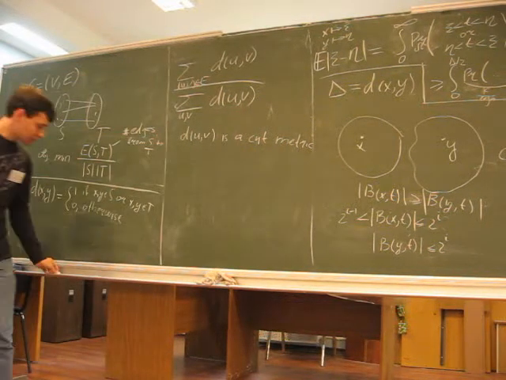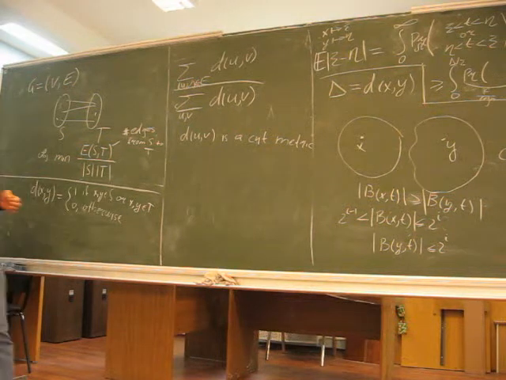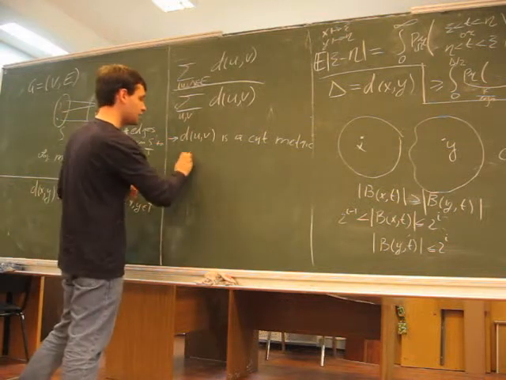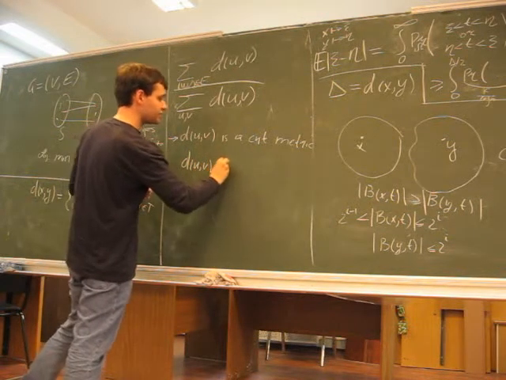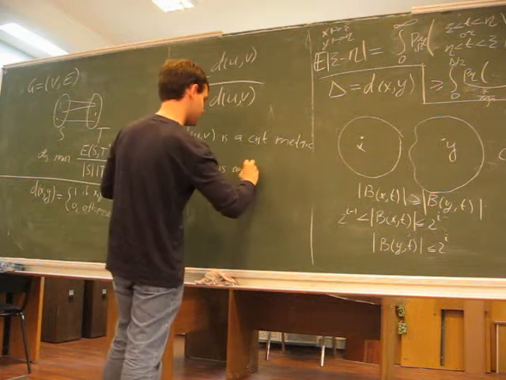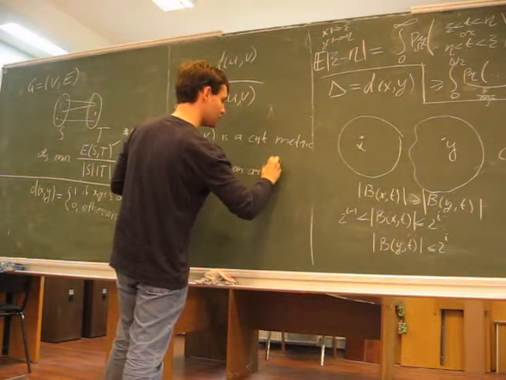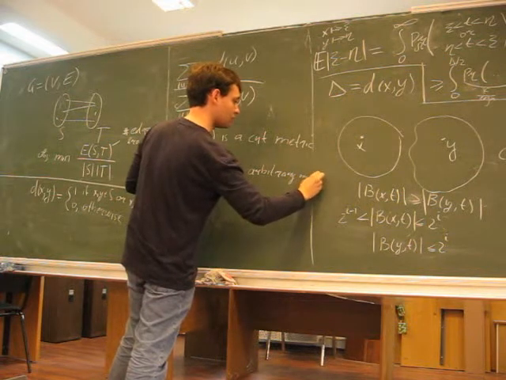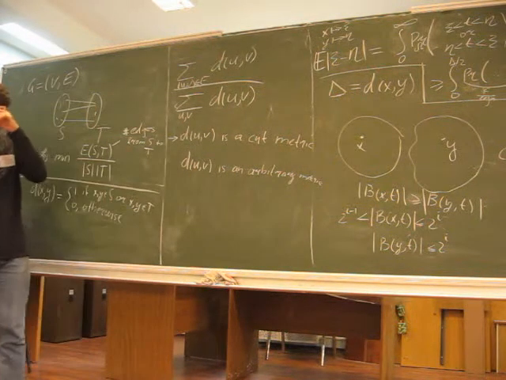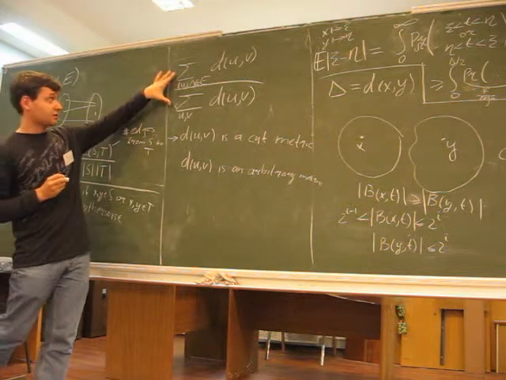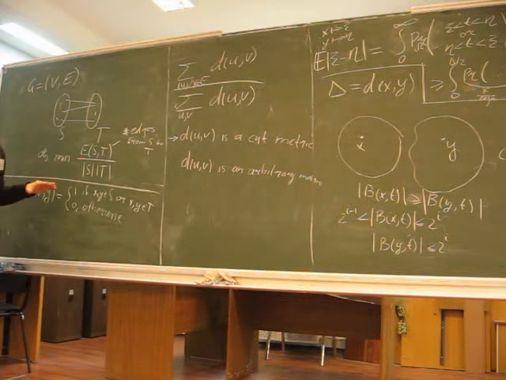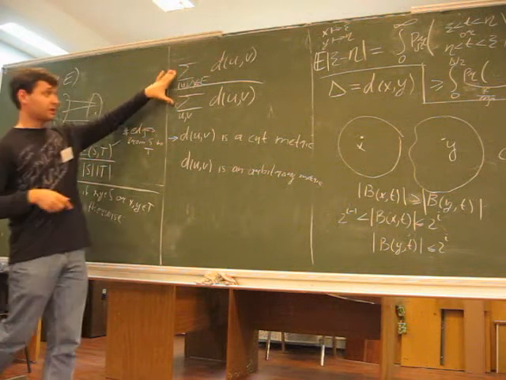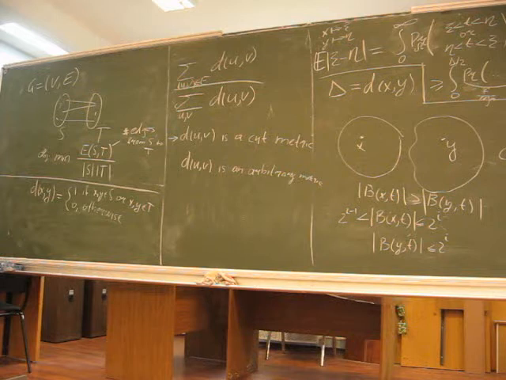So far we didn't change anything, but now let's relax this condition. Let's replace this condition with the condition that d is an arbitrary metric. Of course, if we change the condition, then the objective function can only decrease, because we are optimizing over a larger set, and this objective function potentially assumes smaller values, right?